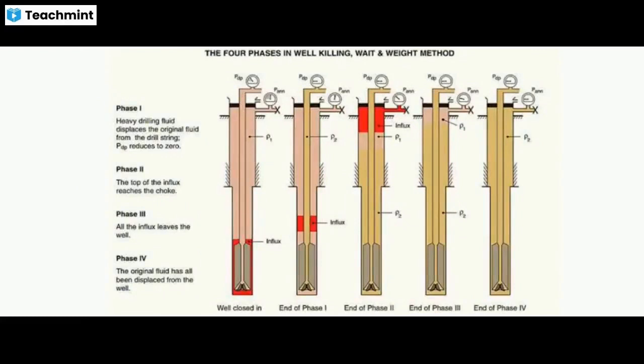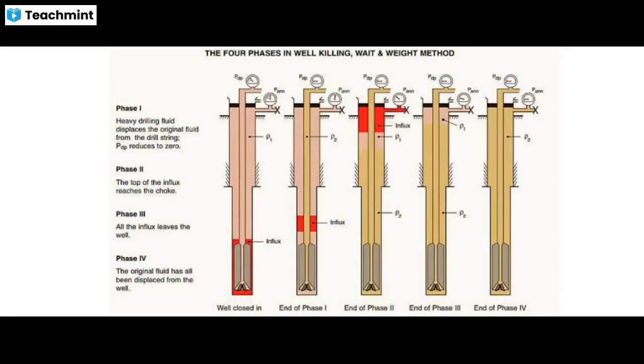First, one can see the heavy drilling fluid displaces the original fluid from the drill string, that is the pressure is reduced to 0. The second one, phase 1, is that the heavy drilling fluid displaces the original fluid from the drill string.